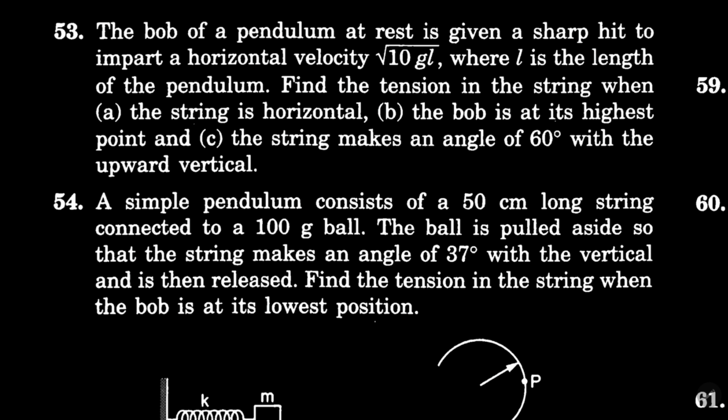In question 53, the bob of a pendulum at rest is given a sharp hit. We need to find the tension in the string when the string is horizontal and the bob is at the highest point and the string makes angle 60 degree with the upward vertical.